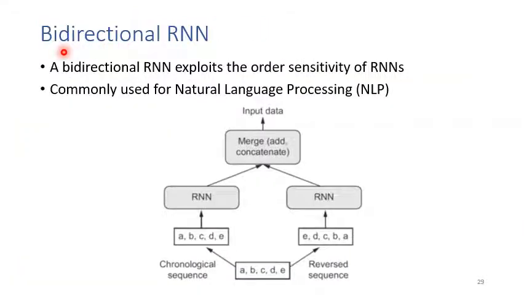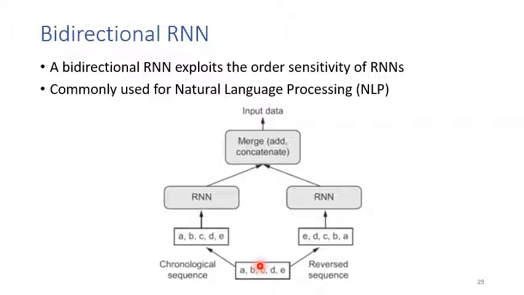Another technique is bidirectional RNN. A bidirectional RNN exploits the order sensitivity of RNN. Here is an example. The bidirectional means the layer will send the original chronological sequence into the RNN and also reverse the sequence and then send the reversed series into the RNN as well.